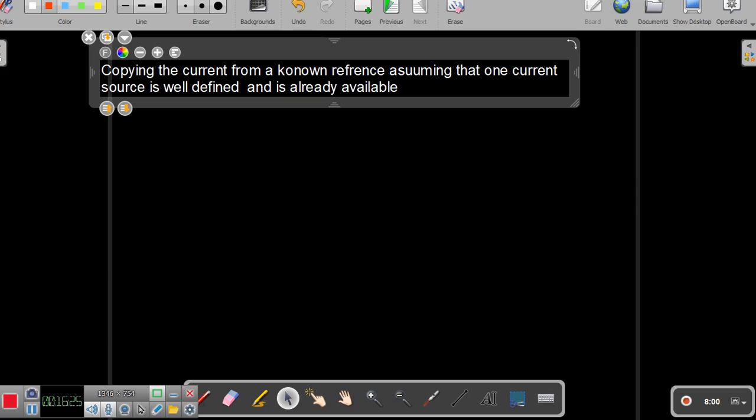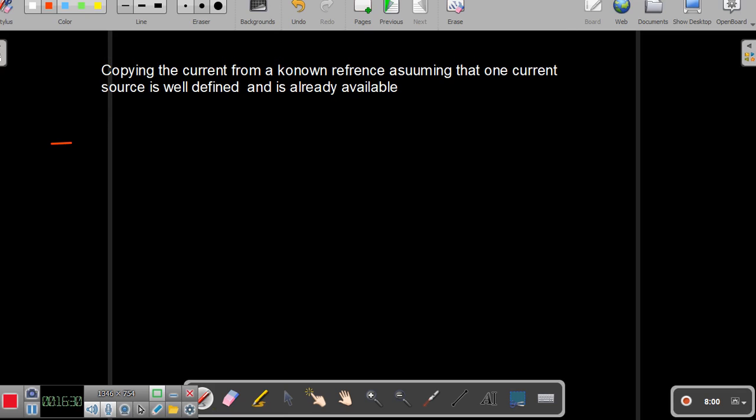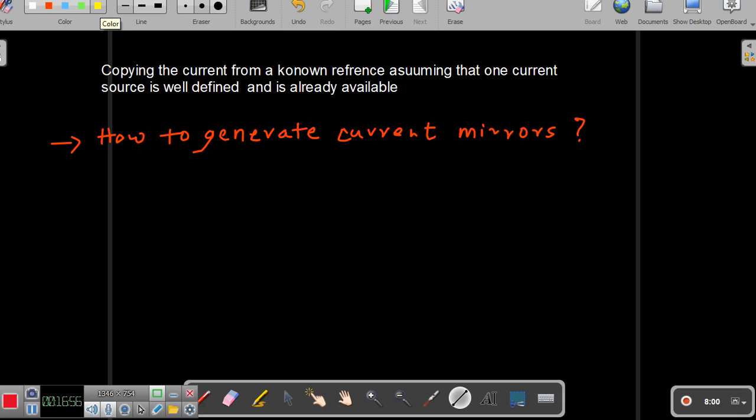Now the question is how to generate the copies, how to generate current mirrors. How to generate the current mirrors. We will try to see a circuit here, right? As usual, what I had written earlier.